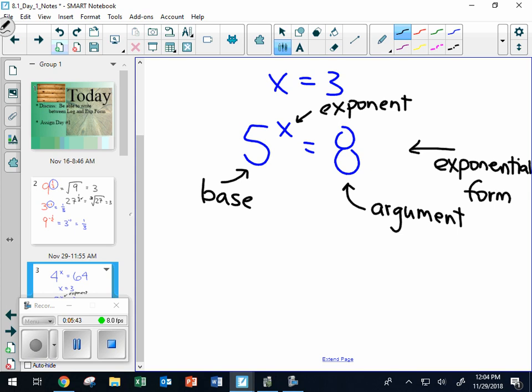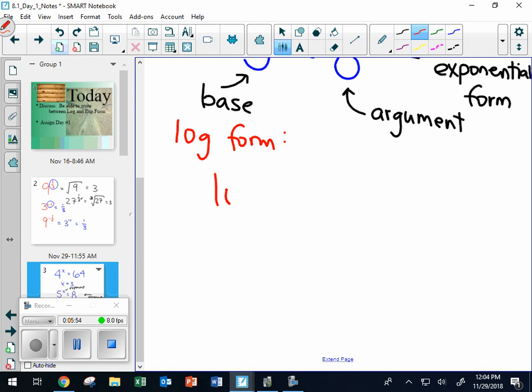And if we were to take these and put them into logarithmic form, we would end up with, you start with your log, and we need something here. Would our base go there for our argument or our exponent?